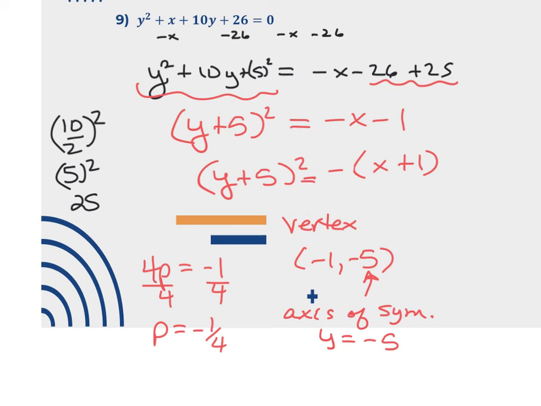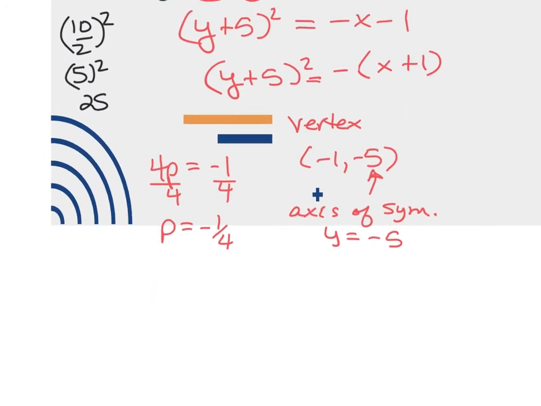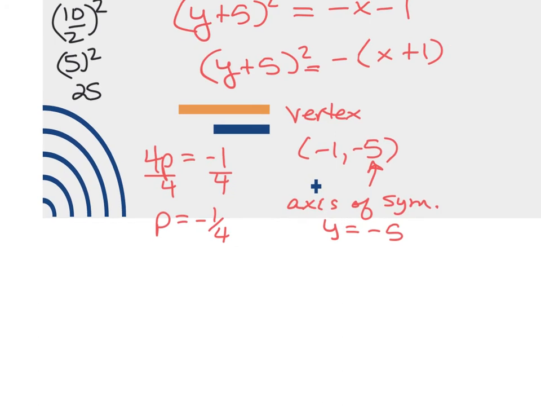I'm using that p value to find the focus and the directrix. So for the focus, the vertex is at -1, and I'm going to be adding the -1/4 to the x of the vertex.